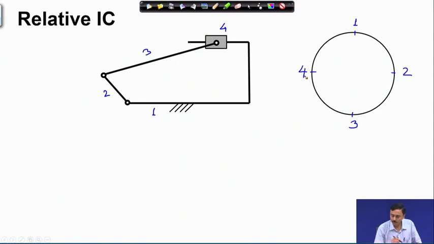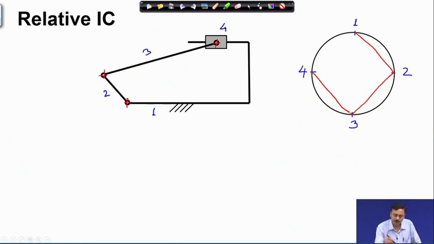Now, what do we know? We know I 1 2, we know I 2 3, we know I 3 4. Now I 1 4, this is a prismatic pair between links 1 and 4.